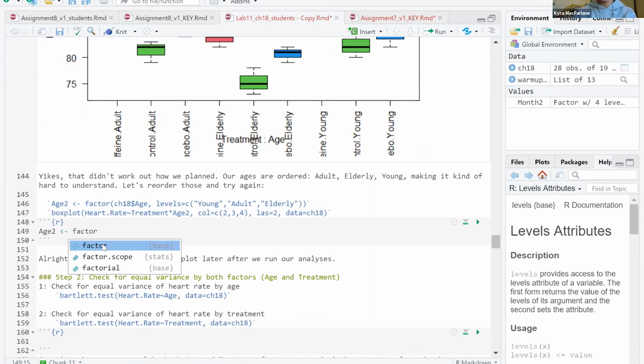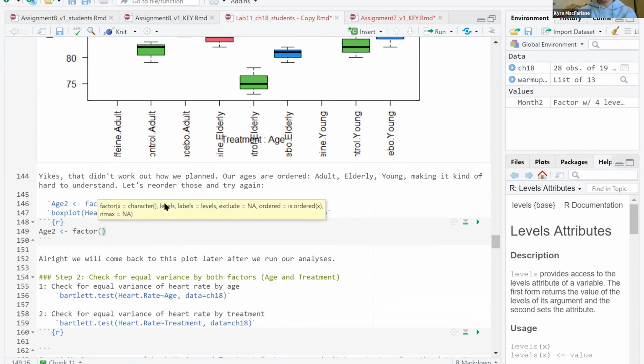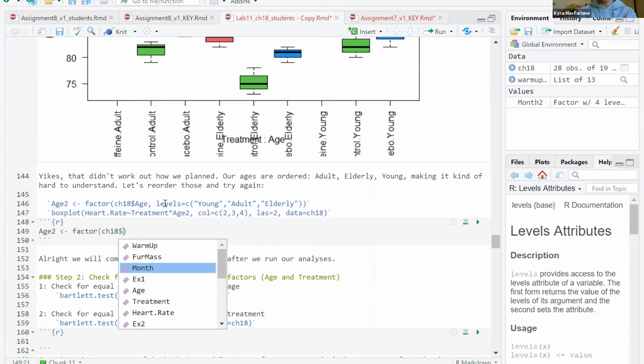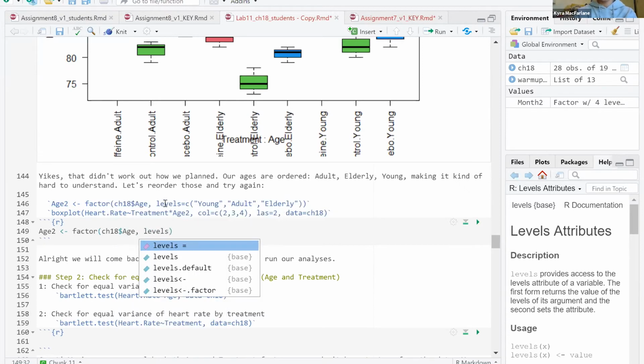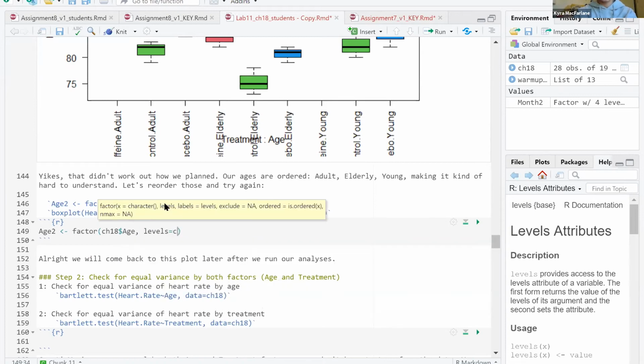We're using factor to reorder it. Chapter 18 is our data. We're selecting the column we want to reorder, age. The levels that we're reordering it into, we're ordering it by young, adult, elderly.